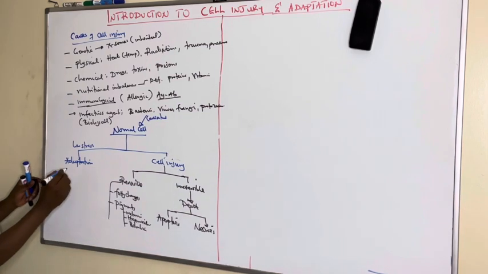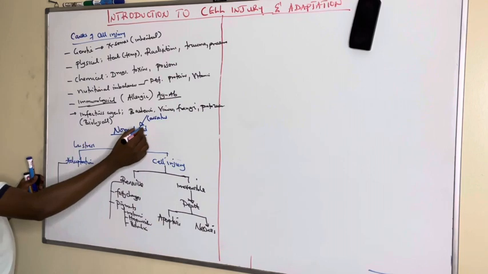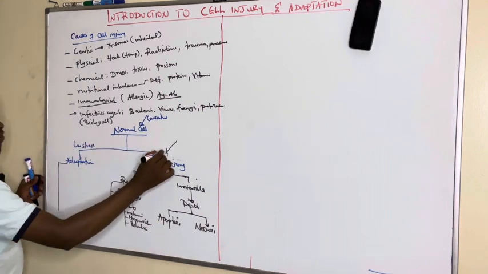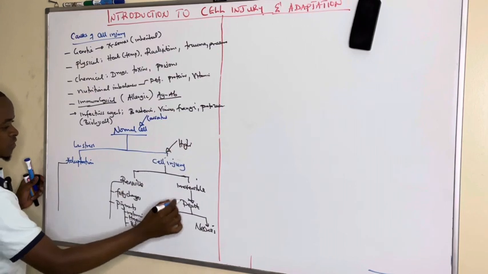Then adaptations, we shall see different adaptations to cell injury, to stress. Here, when the stress is very high, it results into irreversible injury.